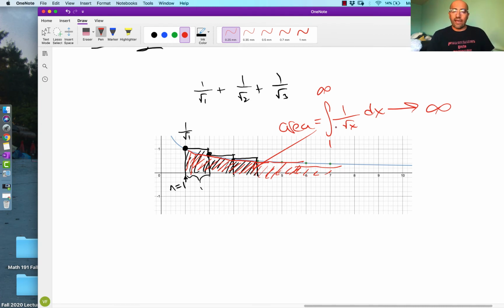Or if we have an associated function whose integral diverges, well, then we want to show that our series is going to be a sum of a bunch of areas, a bunch of rectangles that are always a little bit bigger than our integral. And so if this one diverges, goes to infinity, then so must the series itself go to infinity, diverge. Good. So that's what we want to look at.